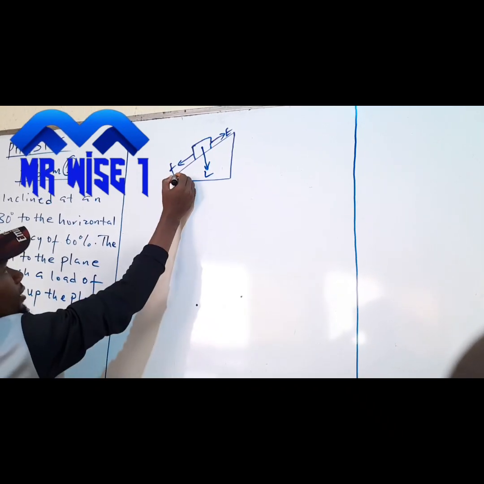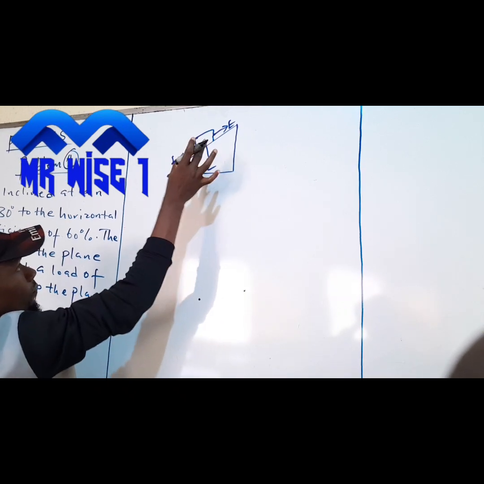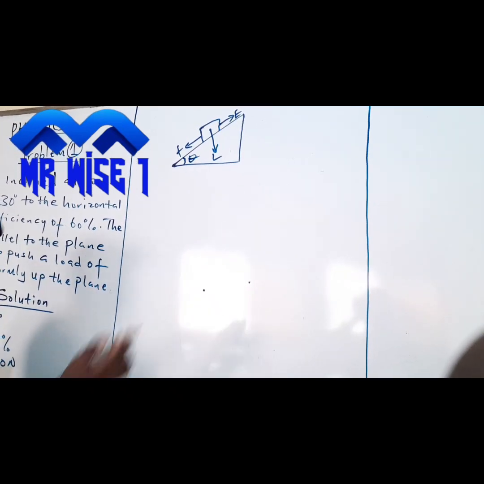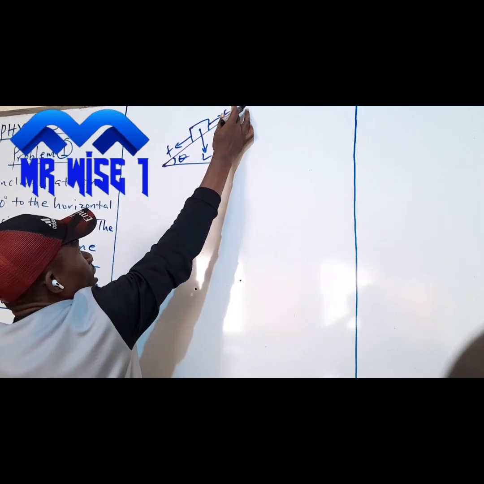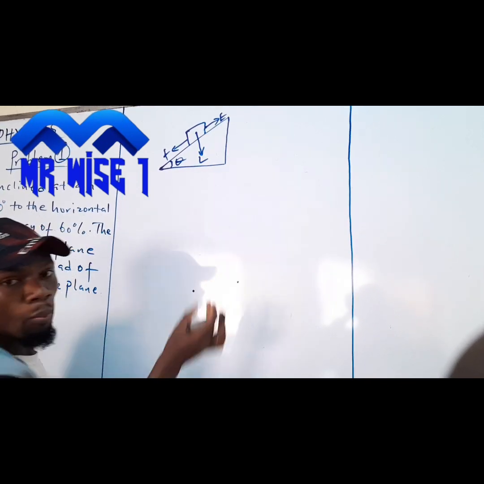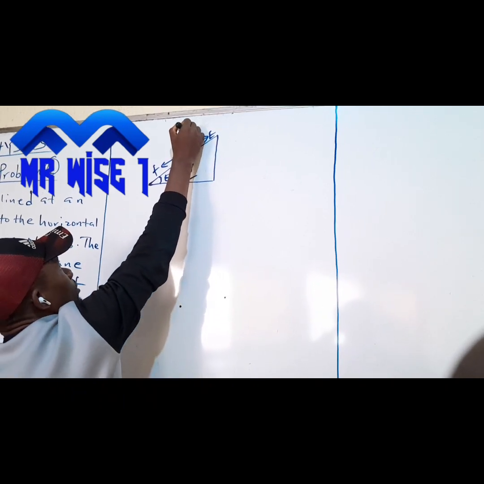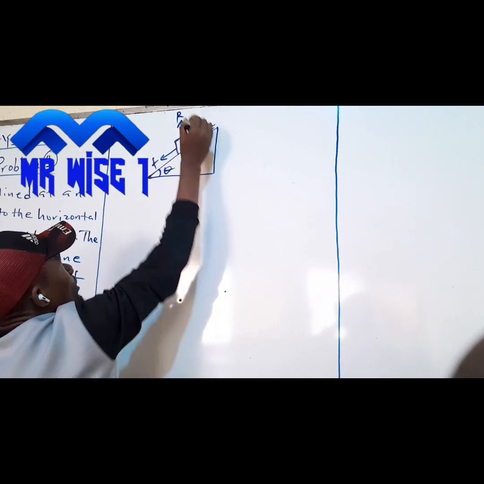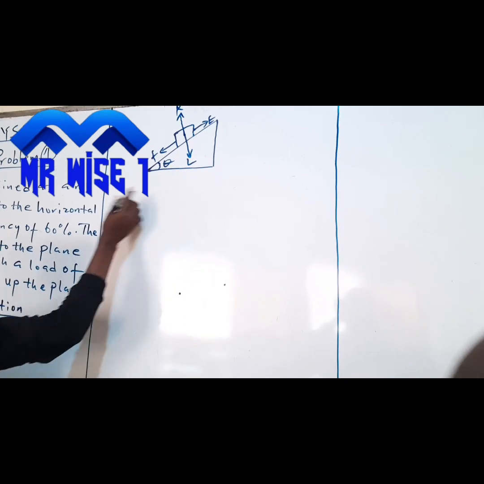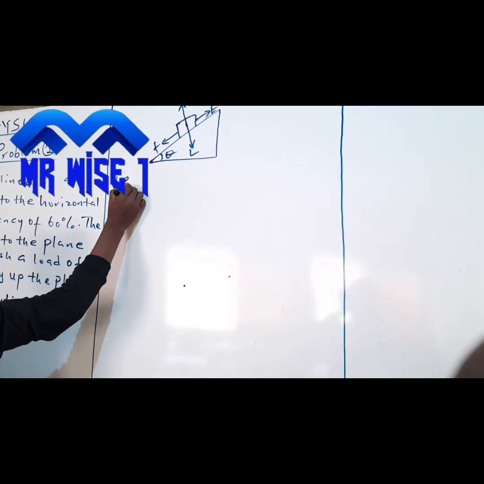So this is the angle theta. So from this diagram, this is the frictional force, this is the effort required to push this load upward, like they said in the question, and this is my load that is being given, and this is my reaction force, R.